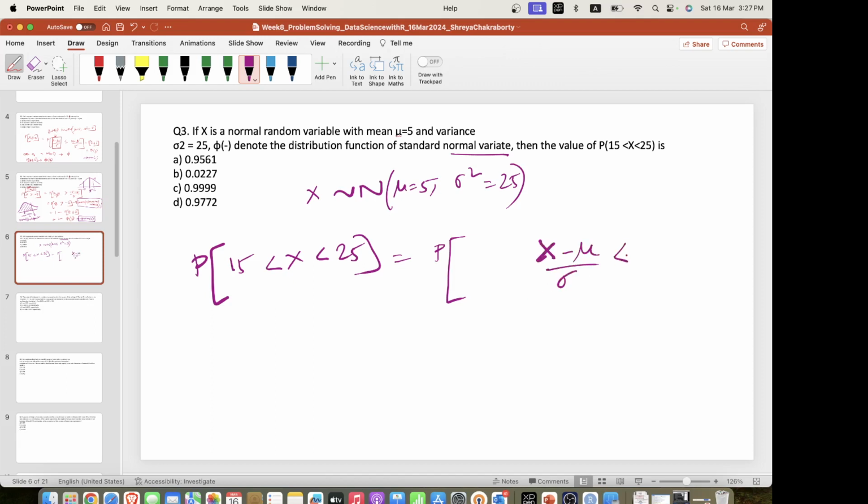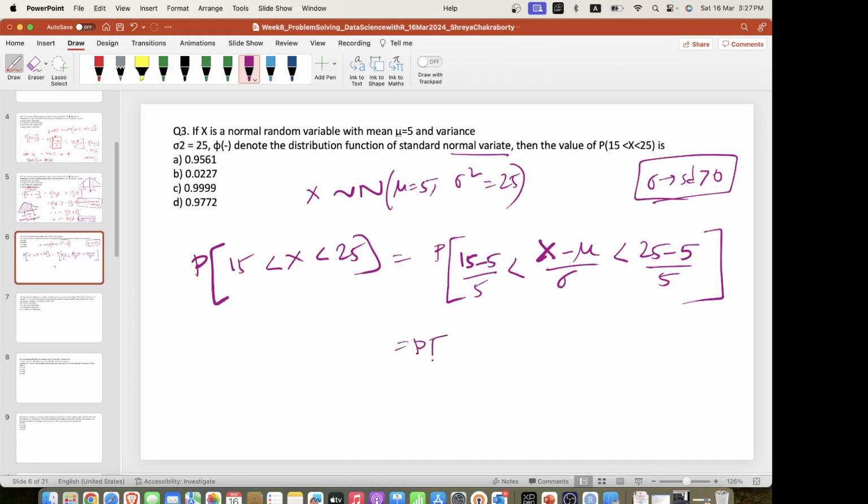That will be (25 minus 5) by 5 and (15 minus 5) by 5. The signs would not change because sigma is always a positive quantity. So this would be probability 2 less than Z less than 4.